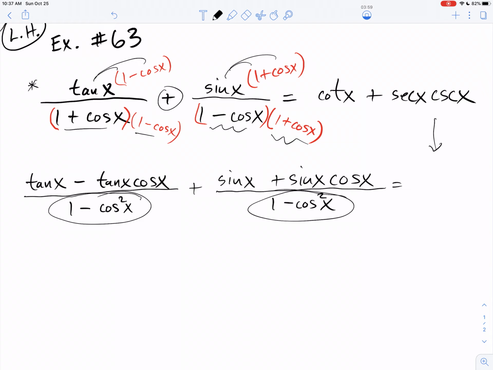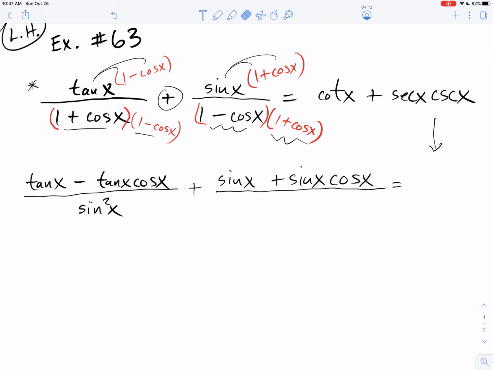I am going to say to this bottom information, you are identical to sine squared x. So bottom information over here, you are identical to sine squared x. Now, here's the thing.